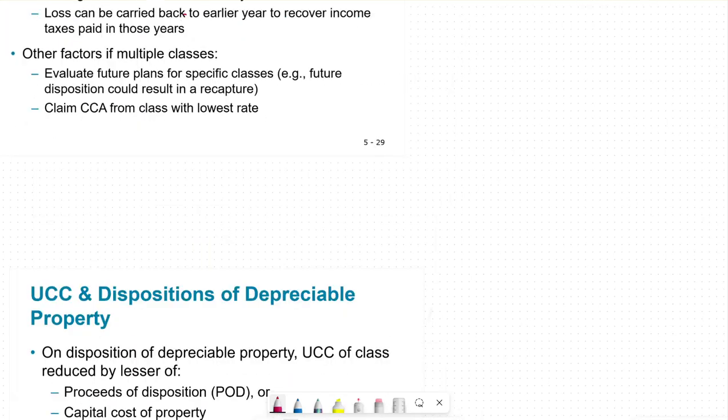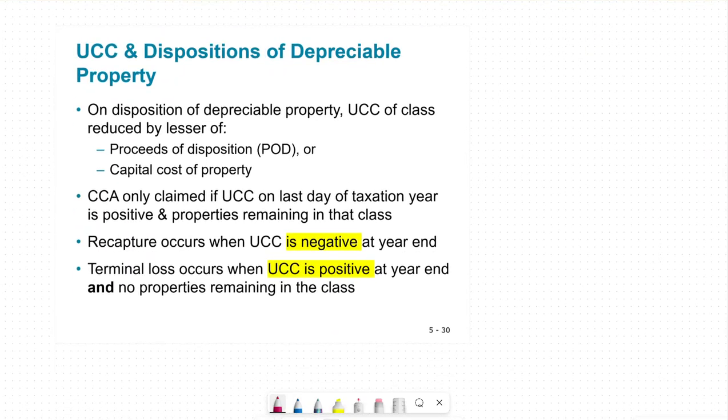Now the other one is recapture and terminal loss. When do we have it? We have a capital cost, which is another way of saying acquisition cost. We take CCA and subtract it, and you come up with the UCC, and then we take CCA again.